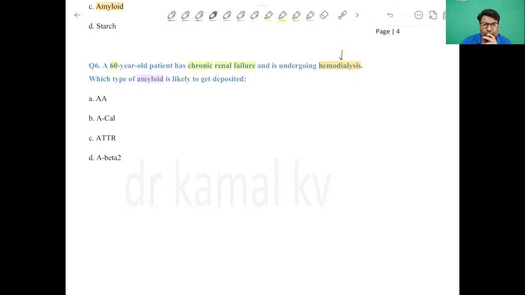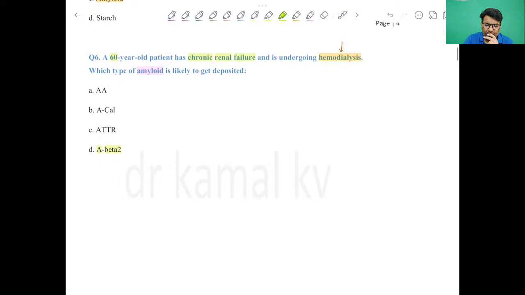Which type can it be? So this is actually A beta 2, right? So in case of hemodialysis, the amyloid deposition will be A beta 2.